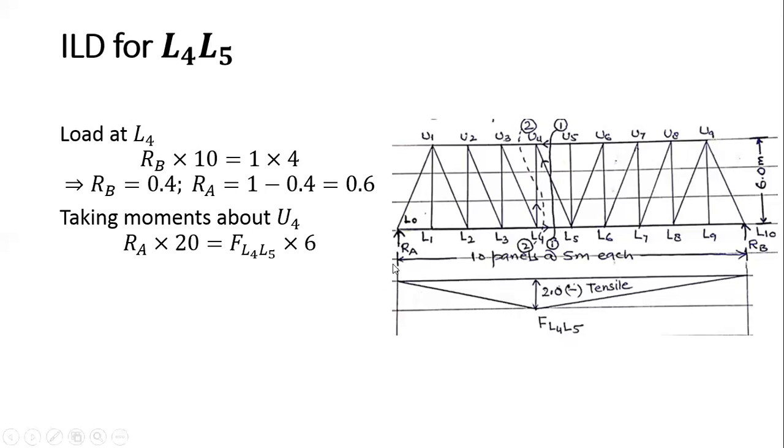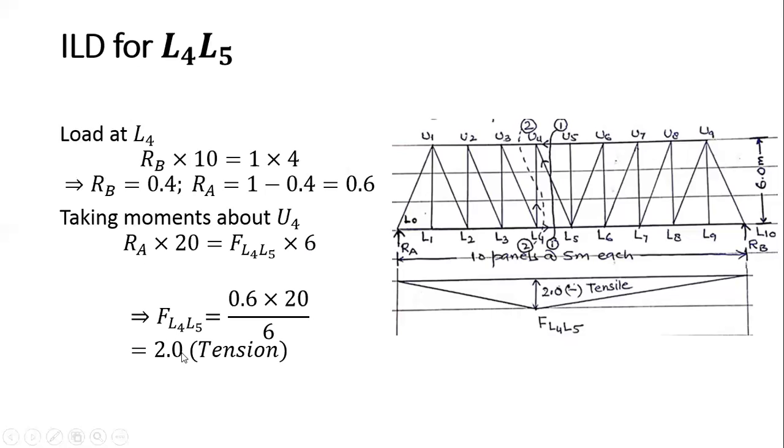RA into 20 is my clockwise. So F L4 L5 is anti-clockwise, multiplied by this distance, which is 6. So F L4 L5 is equal to RA, which is 0.6, into 20 divided by 6.